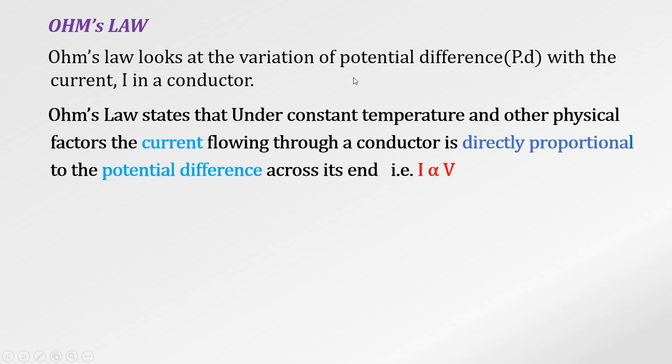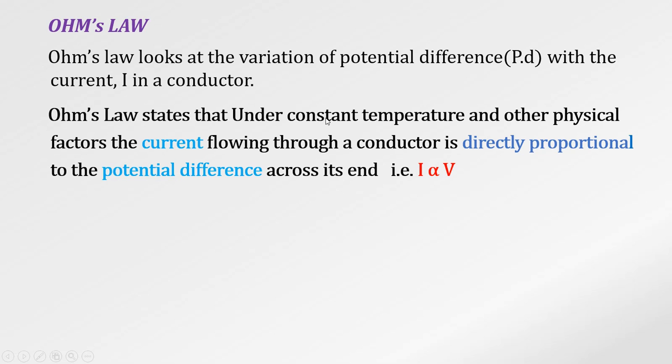That is, if the temperature of the conductor is kept constant, and the other physical factors like length and cross-sectional area or thickness are also kept constant, then the current through the conductor is directly proportional to the potential difference.